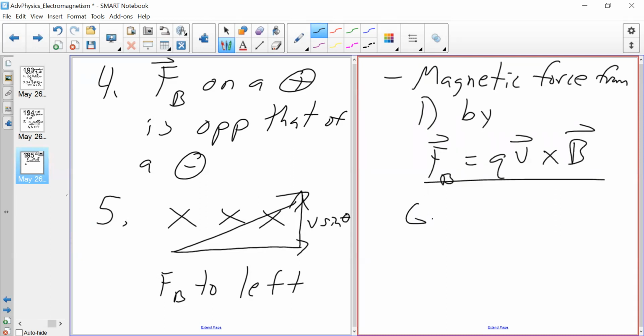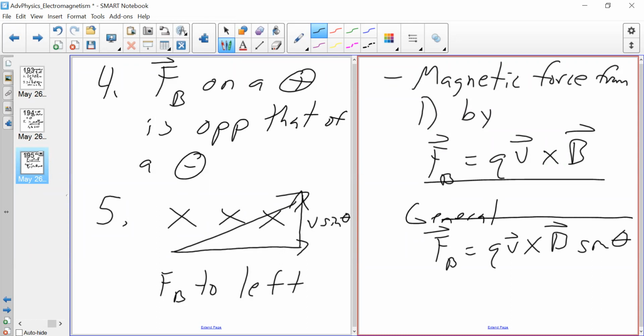In the general case, as we said here in 5, if the velocity is at some arbitrary angle, the magnetic force will be proportional to v sine theta. So the general case will be qv cross B sine theta.